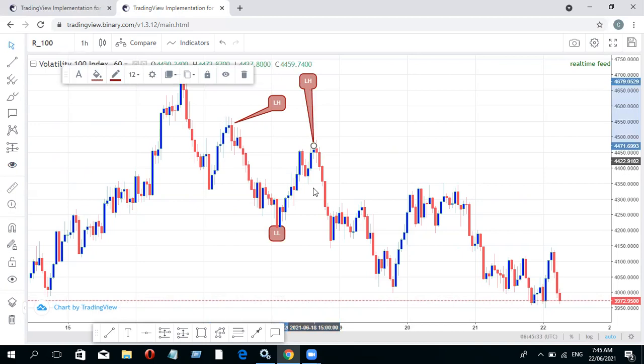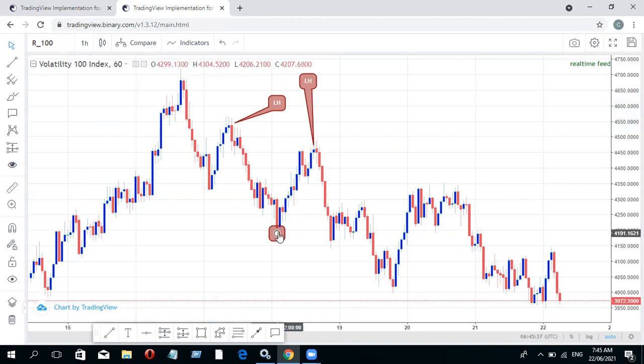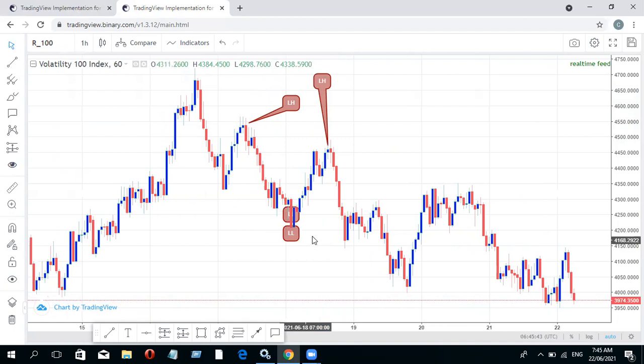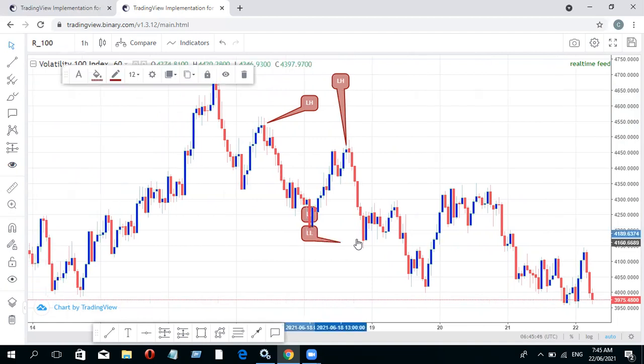See this, the market makes another lower low. So the market makes another lower low. So that is it. That is basically the idea of market structure.